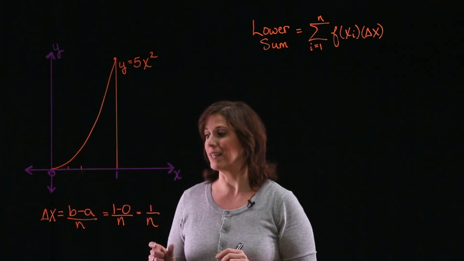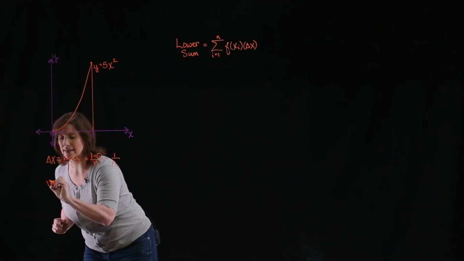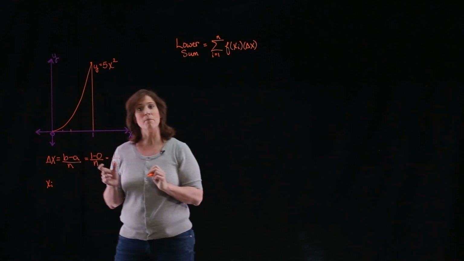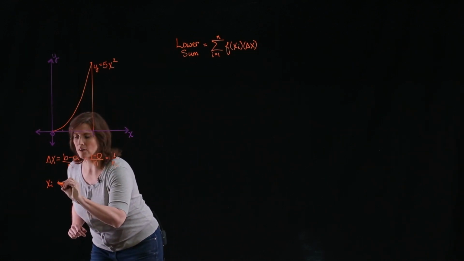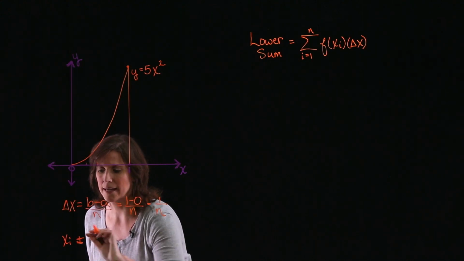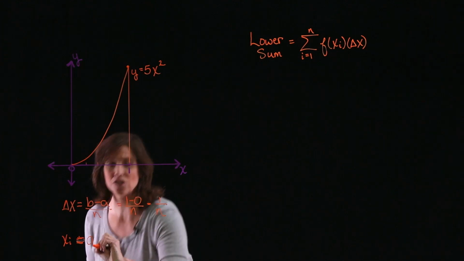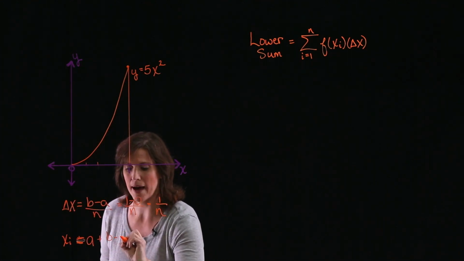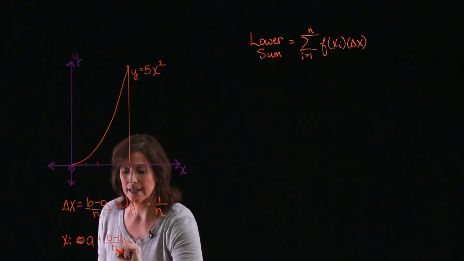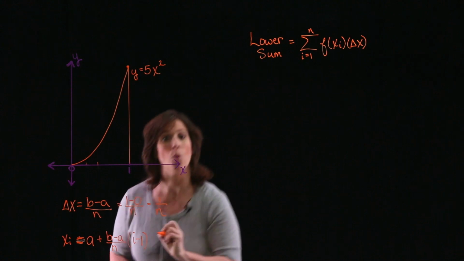Now the part that's different is this time my x sub i, which is going to indicate the x-coordinate of my subinterval, I want it to be the left endpoint. So I'm going to start with it being equal to the initial left-hand point plus my width, b minus a over n, times the quantity i minus 1.